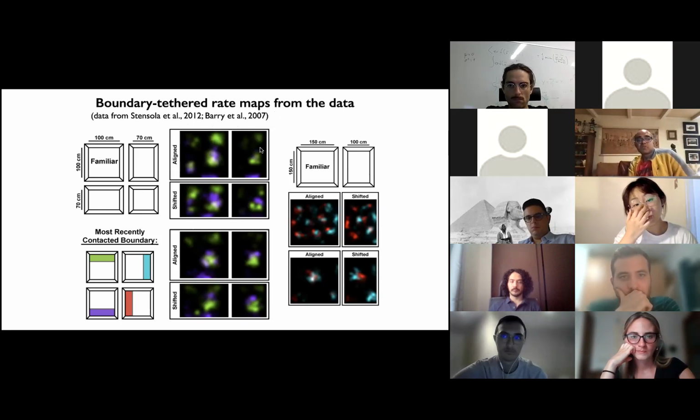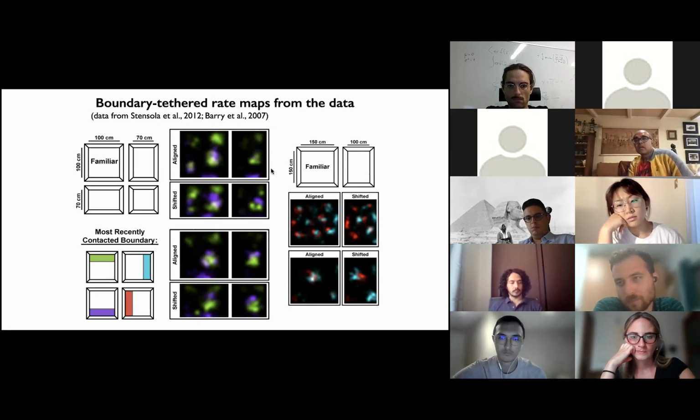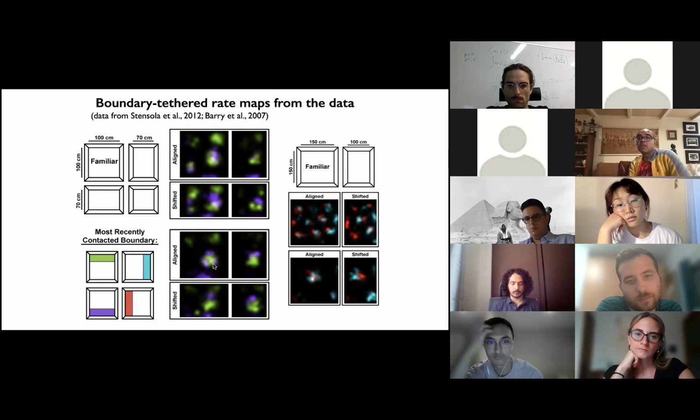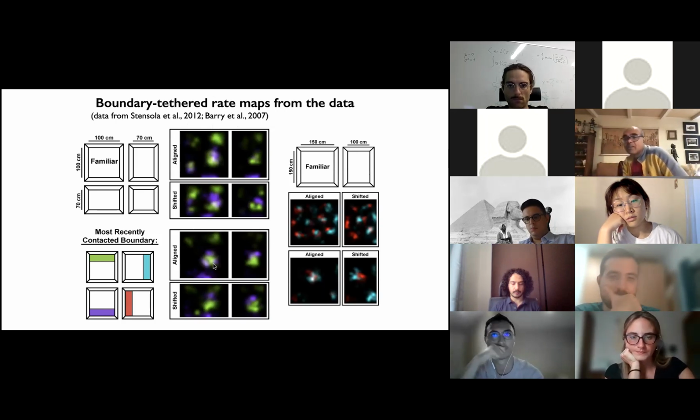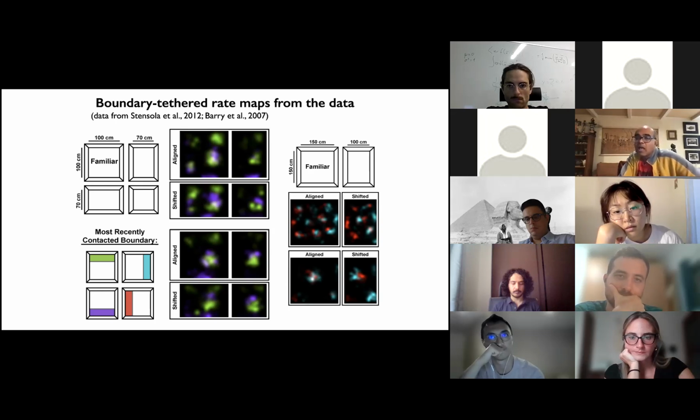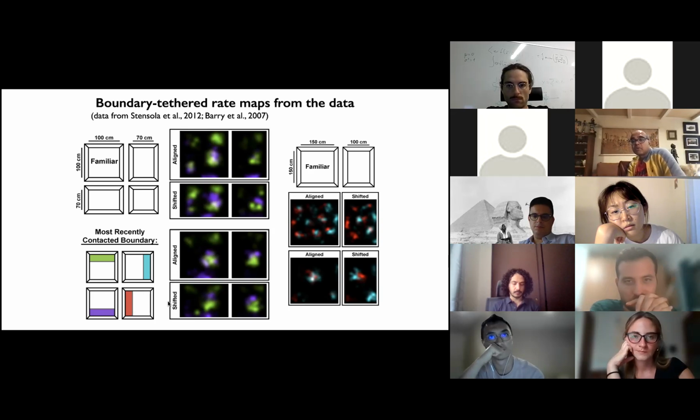What this is showing is that we went back and reanalyzed their old data, and found, indeed, that the locations of the grids were shifted depending upon the last boundary contact. So you get the reds moving to the left and the greens to the right, depending upon which wall you last contacted. That's pretty cool. That looks exactly like the phenomenon we were talking about.